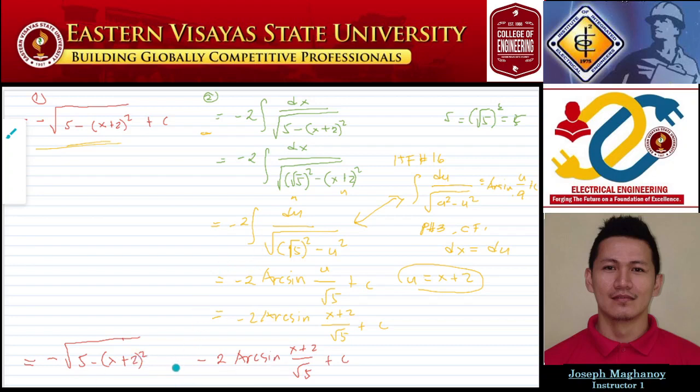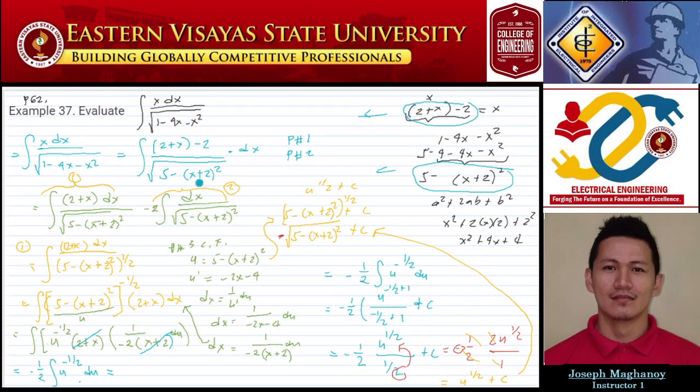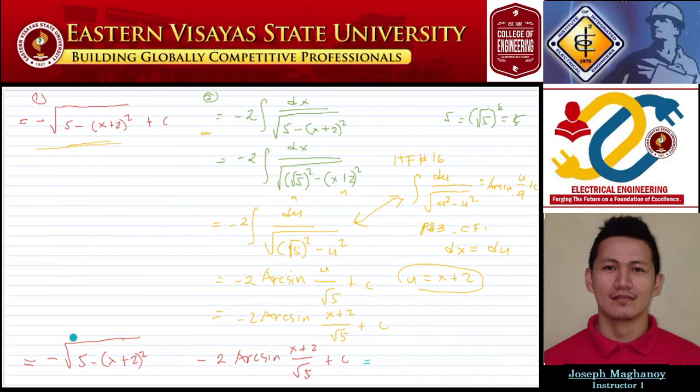Or you can still rewrite this one, going back to its original form. As you can recall, our 5 minus x plus 2 squared is equal to your 1 minus 4x minus x squared. So we can still do that.